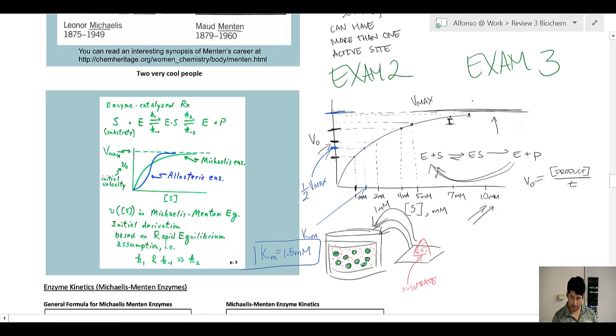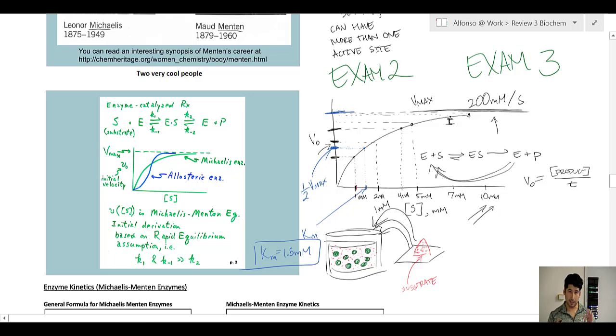So let's say the Vmax was 200 millimolar per second. Then I want you to half that number, so 100, which would be right here, and then draw a line through the graph until you strike the hyperbola, and then go down, and this value right here is your Km.